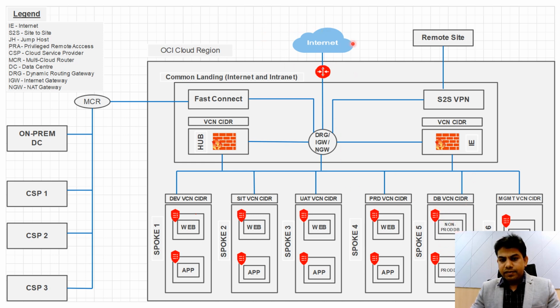If it's internet traffic, it will hit the OCI internet gateway, and the DRG will route the traffic to the separate internet firewall. Once the traffic is found to be non-malicious, it will be allowed to a spoke VCN. Inside the spoke VCNs, there will again be controls like NSGs and security lists, and there will be routing configurations.